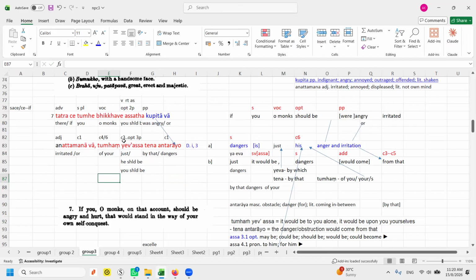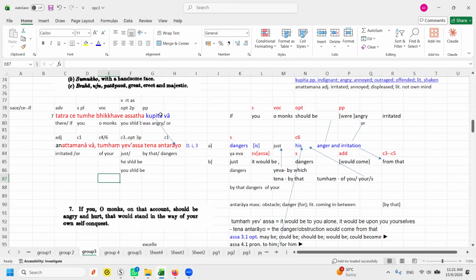C3. Yewa is C3. By which? C3, not C5. By which? Okay, good. And then Tena is by that, right? Tumhang is C6, of you or yours. Got it. Thank you.